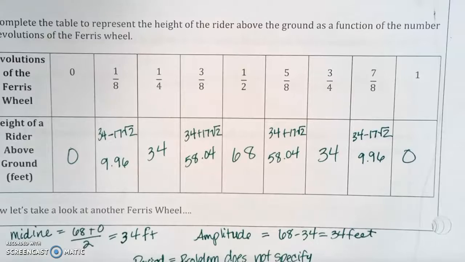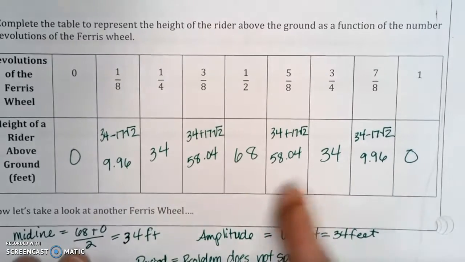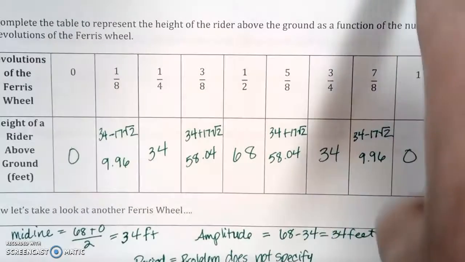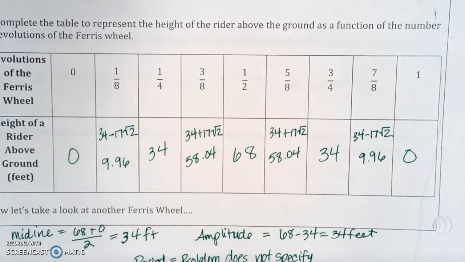So finding the eighths is where we use that 45-45-90 triangle. All right, so for the 1/8, you're going to subtract the 17 rad 2 from the 34. And for the 3/8, you're going to add the 17 rad 2 to the 34.